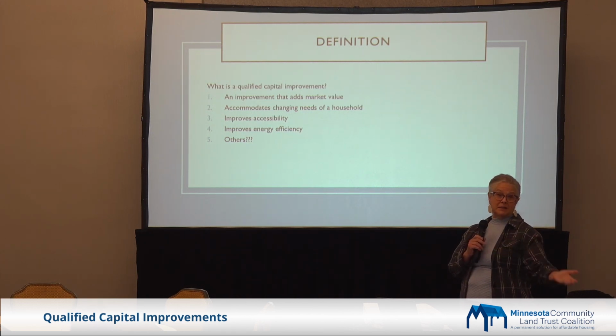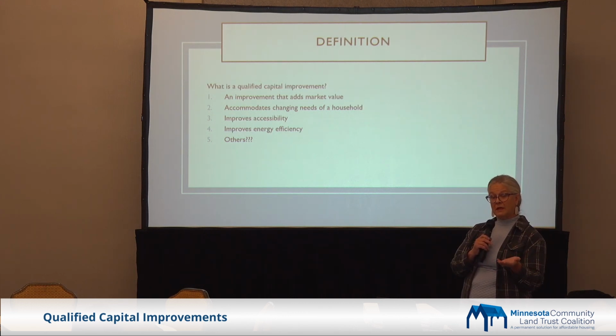Accessibility might make sense for one person, but for the next family, they might not need or want the ramp. For instance, we recently had a resale where they did accessibility, and in order to make a bathroom accessible, they had to eliminate a closet in a bedroom, taking a 3-bedroom down to a 2-bedroom and 1 den.